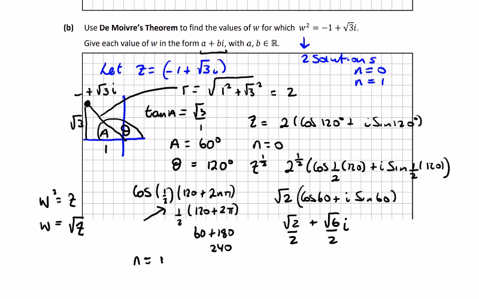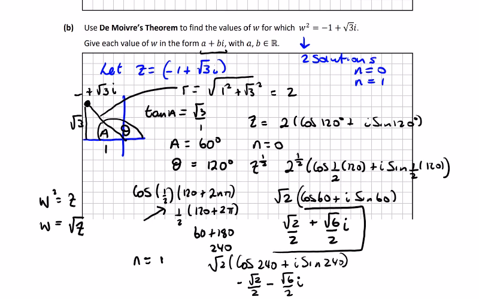So when n is equal to 1, we're going to get root 2 by the cos of 240 plus i times the sine of 240. So the solution here when n is equal to 1 is going to be minus root 2 over 2 minus root 6 over 2 i. So my two solutions for 4b are these two.